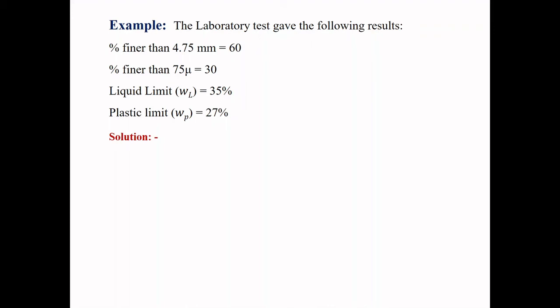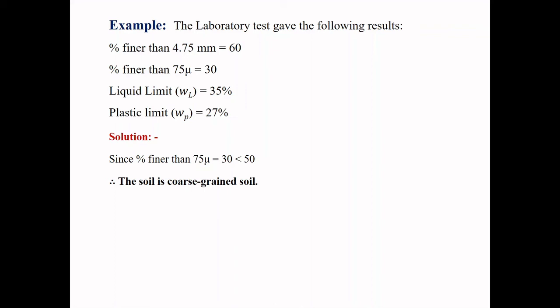First we'll see whether the given soil is a coarse grained soil or a fine grained soil, and for that purpose we'll see the percentage passing 75 micron. Since that value is less than 50%, the soil is coarse grained, as more than 50% of the soil is retained.